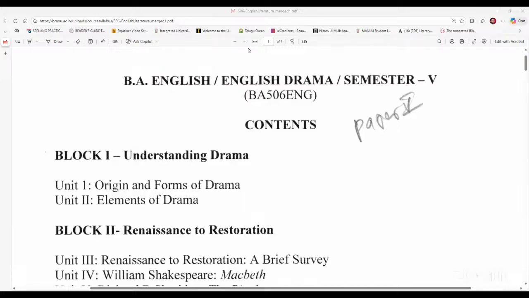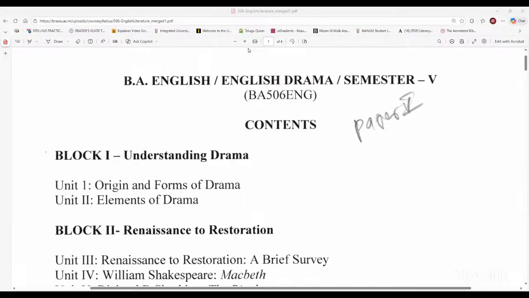So, I'll give you some examples of major types of conflict. Like, for example, man versus society, or man versus fate or nature, right? Or right versus wrong.